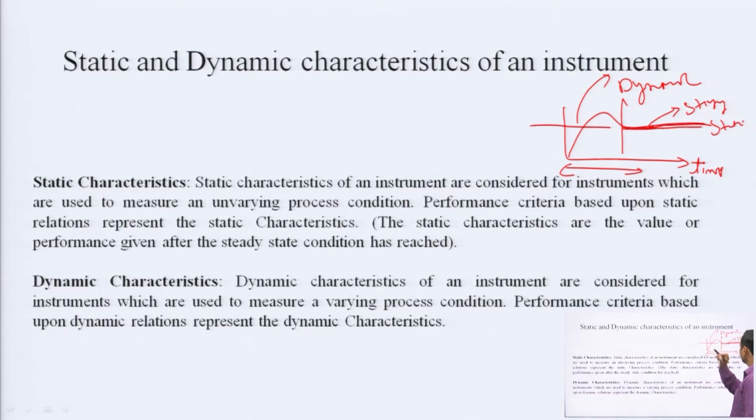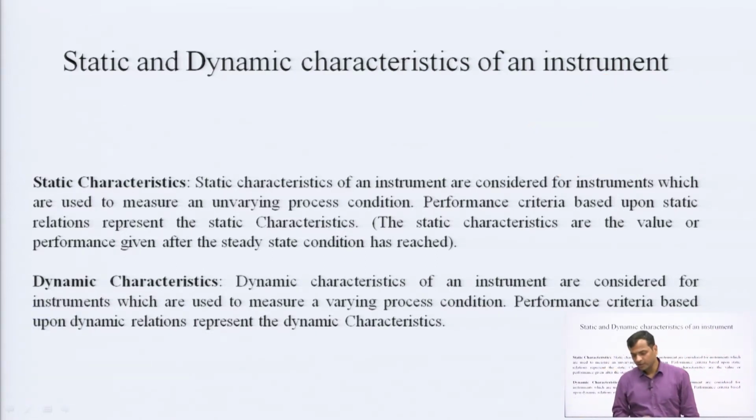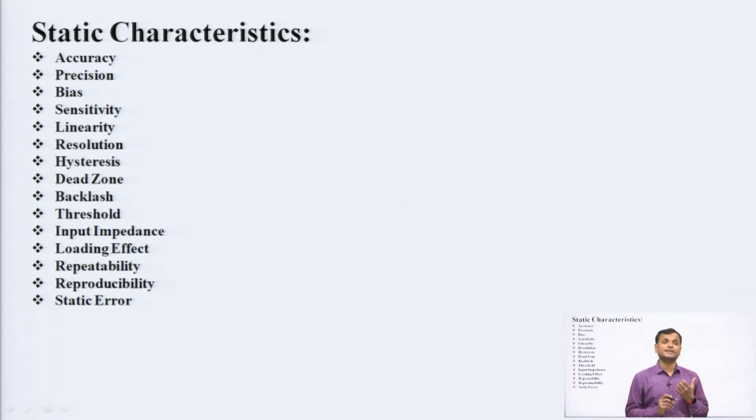Okay. So, when a time varying process defines the dynamic characteristics, and when the output is constant with respect to time, this type of characteristics is known as the static characteristics. Performance criteria based upon dynamic relations represent the dynamic characteristics, because the response is varying with respect to time.